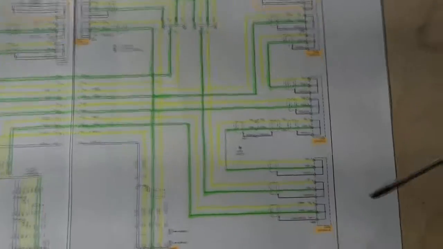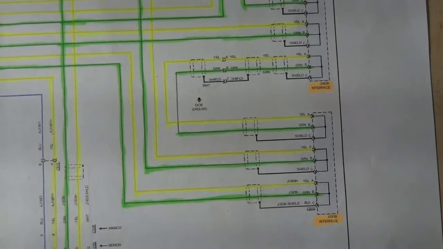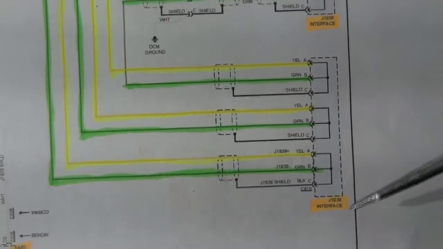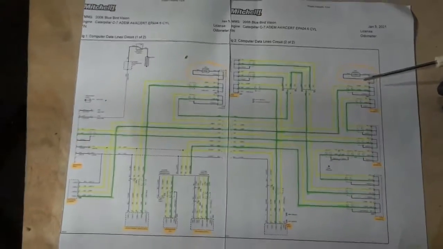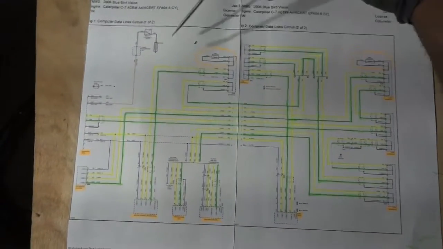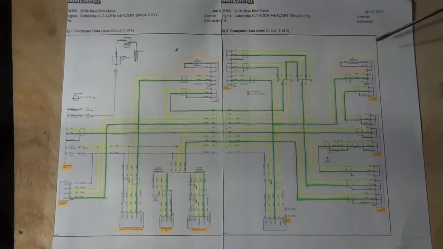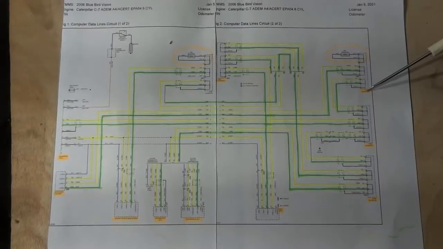They call it the J1939 interface. So the good thing here is that these resistors are installed on these interfaces, because we're going to test them eventually when we go back inside the bus.